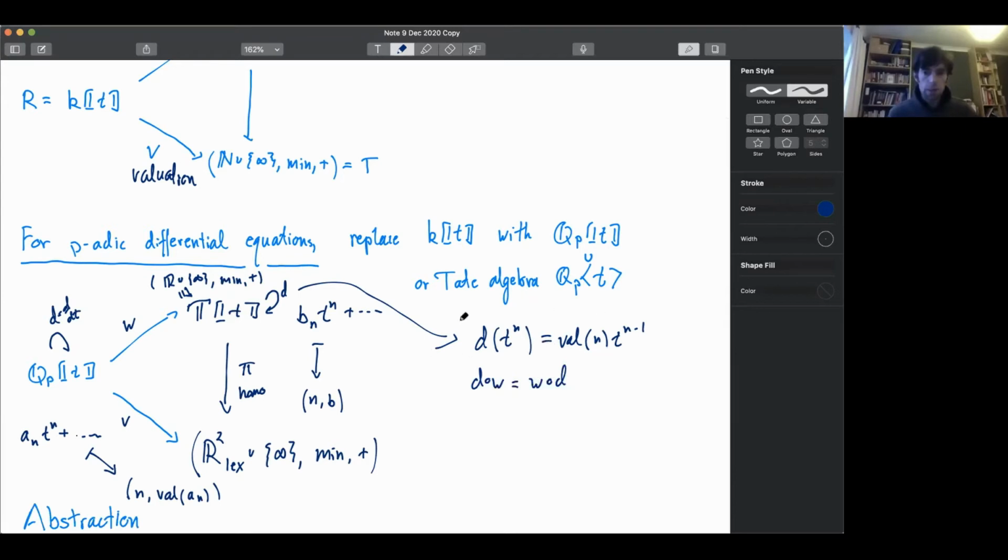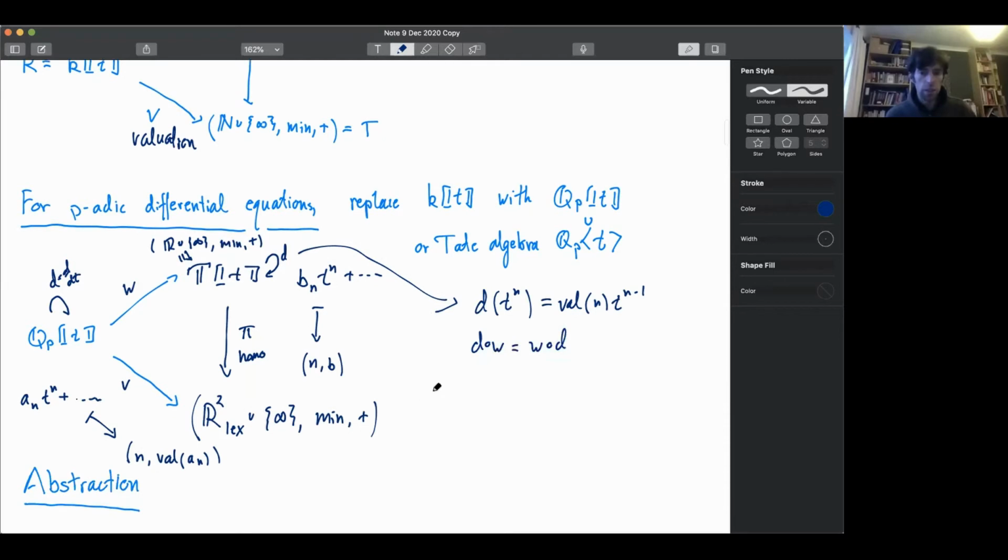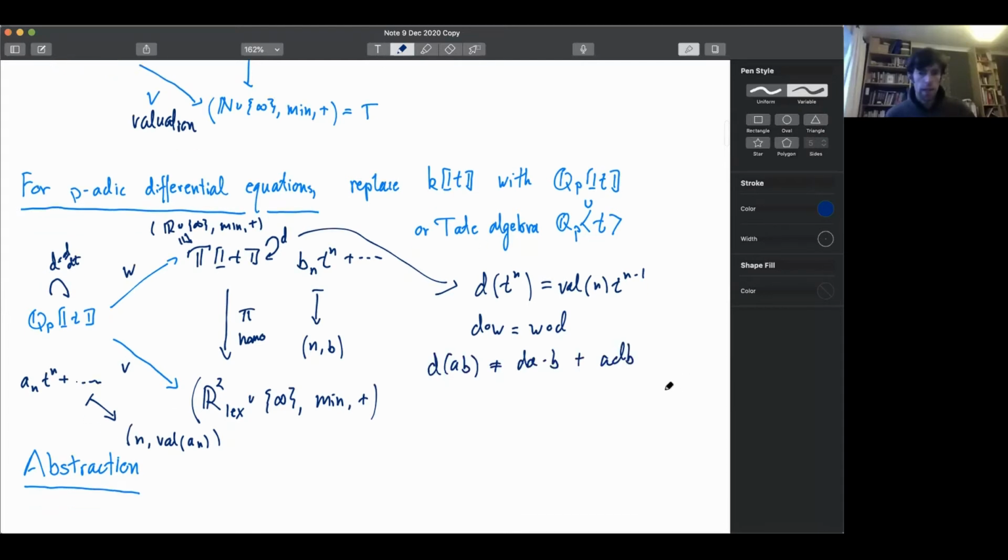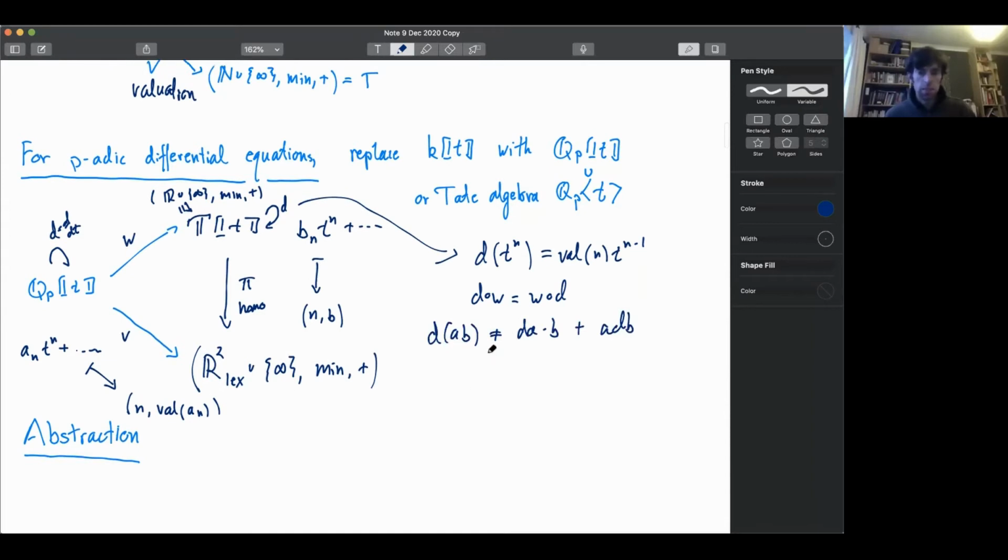The problem is this differential that we've written down is no longer satisfying the Leibniz rule. So D of AB is no longer always equal to D of A times B plus A dB. So what do we make of that? Well, it turns out that even though this is not true, a weaker version is satisfied.